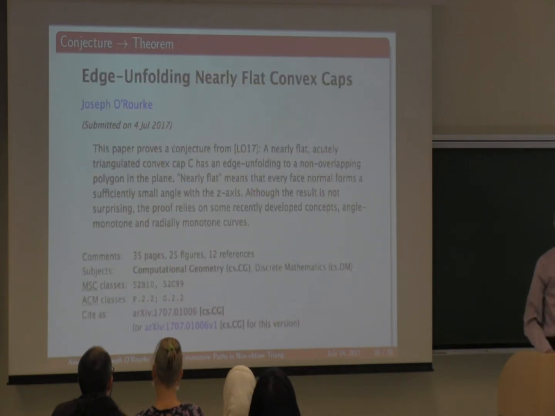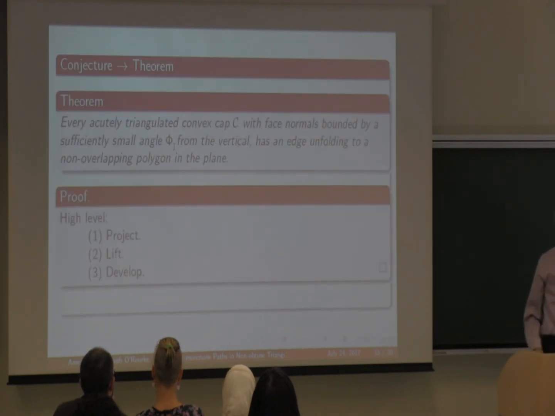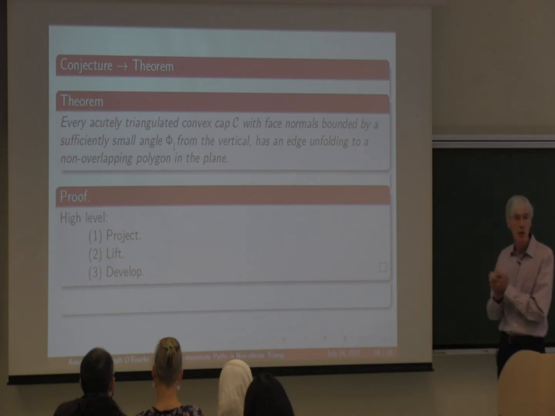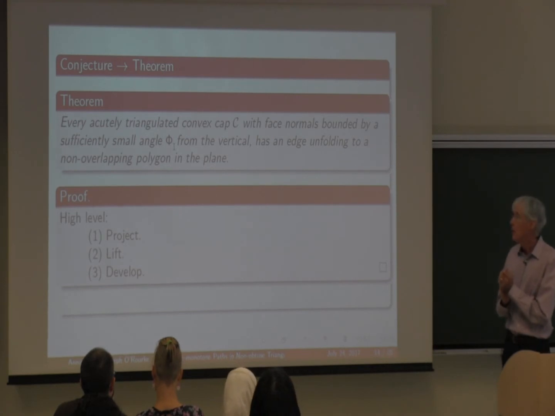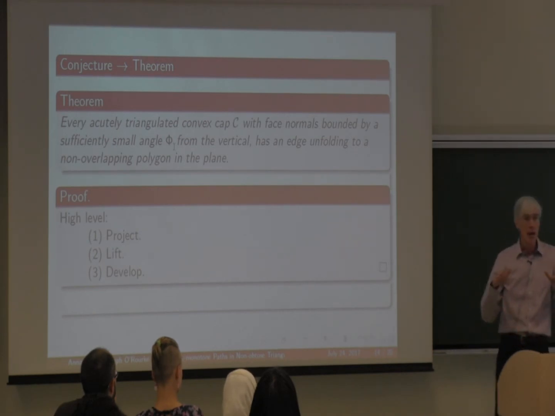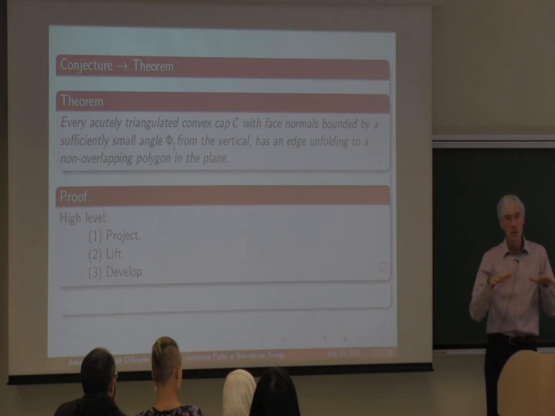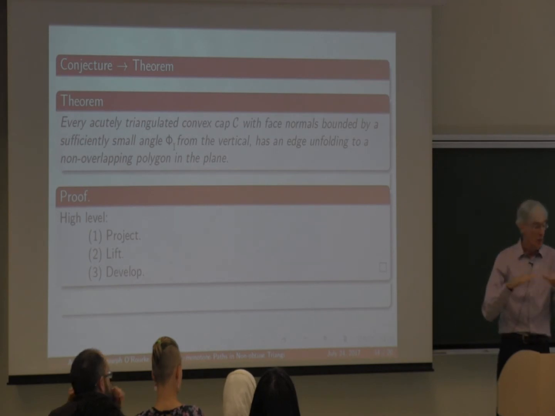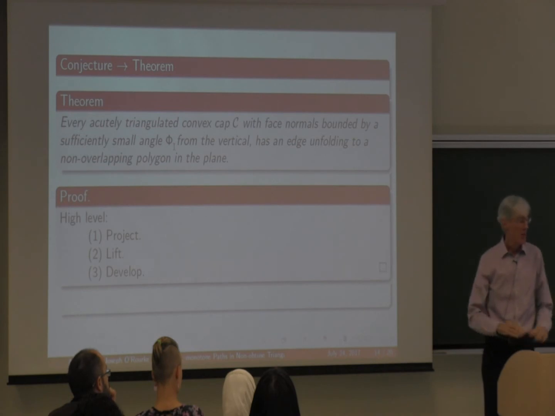And so after we wrote this paper, I worked on this, and so I was able to prove this. And I've written a report on it, and here's the high-level idea of the proof. Take the convex cap, project it down to the plane. With the affine triangulation, when you project, there is some bound on the flatness such that when you project it, it remains acutely triangulated.